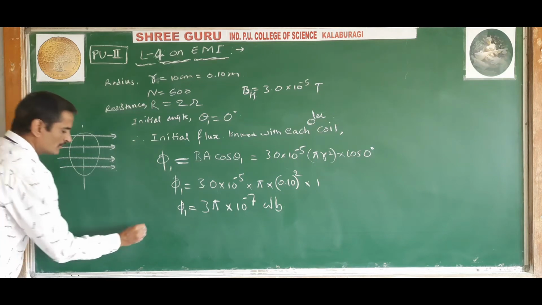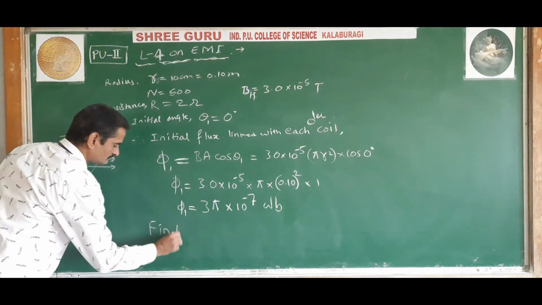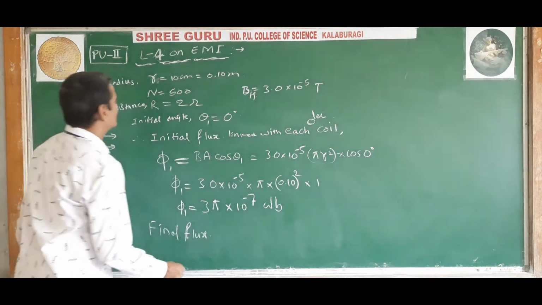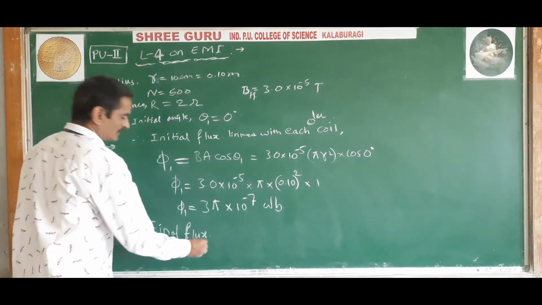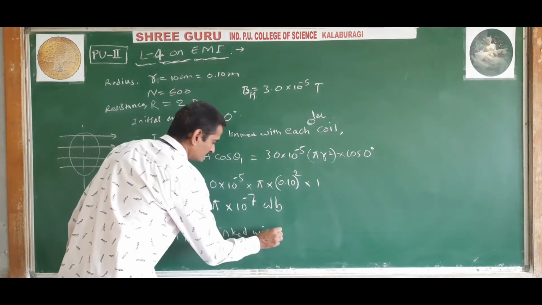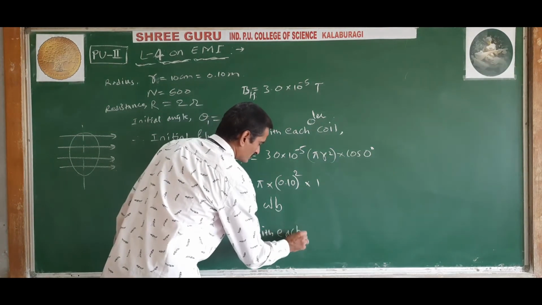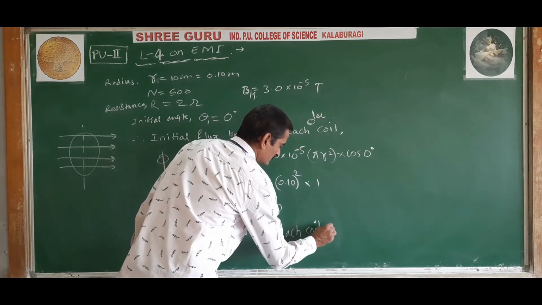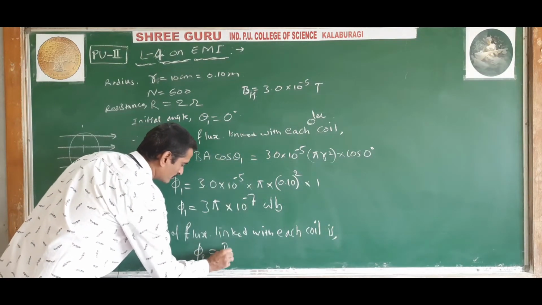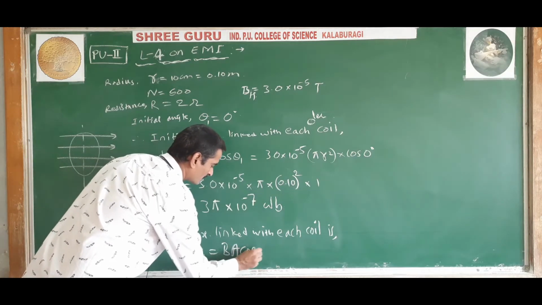So the final magnetic flux linked with each coil, phi 2, is equal to BA cos theta 2.